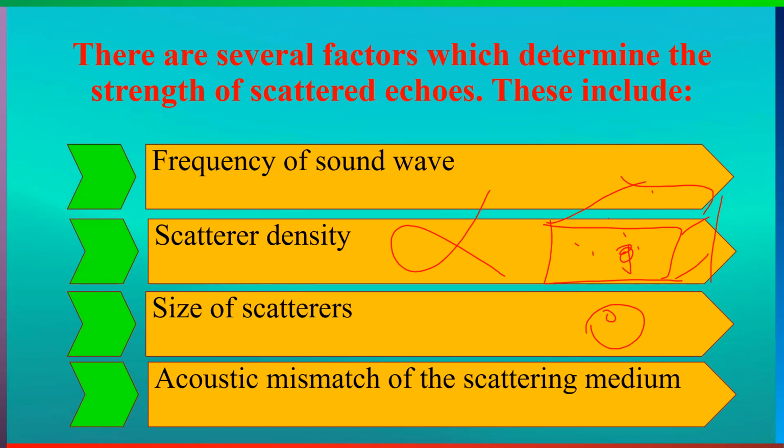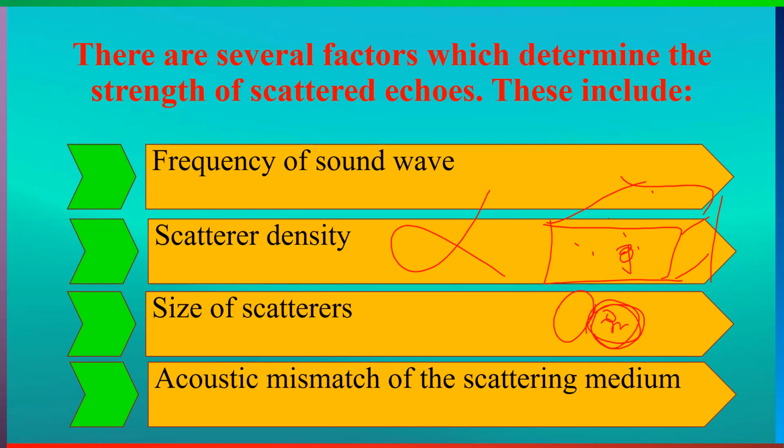Then the acoustic impedance mismatch of the scattering medium. If the acoustic impedance mismatch is increased, then again the scattering will also be increased, because the scatter is a small reflector and it's separated from its surrounding by the difference in the acoustic impedance of the scatter and the medium beside that scatter.